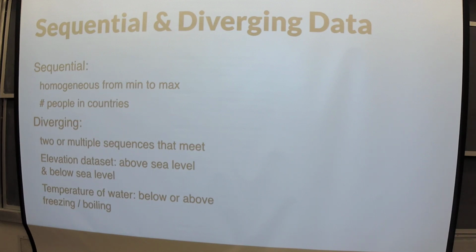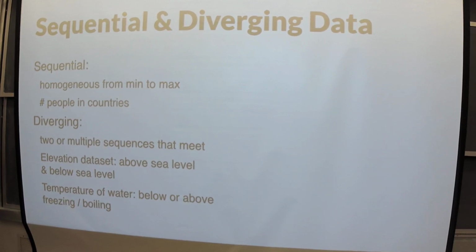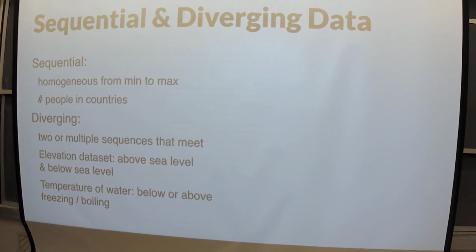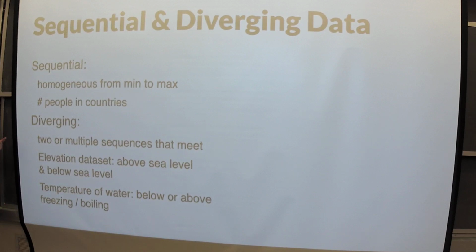One other important distinction here is sequential versus diverging data. Sequential is homogeneous from minimum to maximum. If I have race times for 100-meter races, that's clearly sequential data. Diverging is when I have two or multiple sequences that meet. The classical example is an elevation data set, because sea level is super important to us.